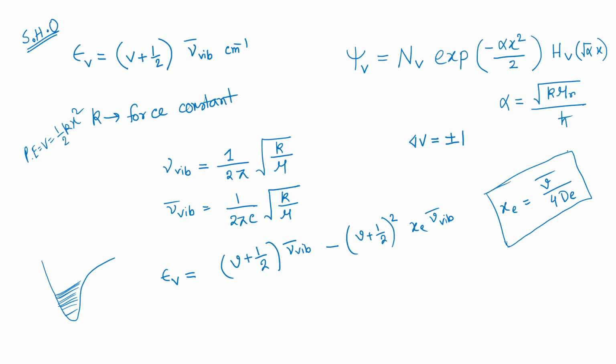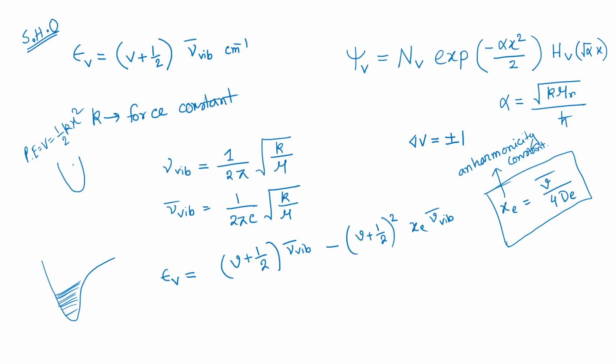So what is x_e? For a harmonic oscillator, what would be the value of x_e? It would be zero, right? Yes, and this is how it looks.